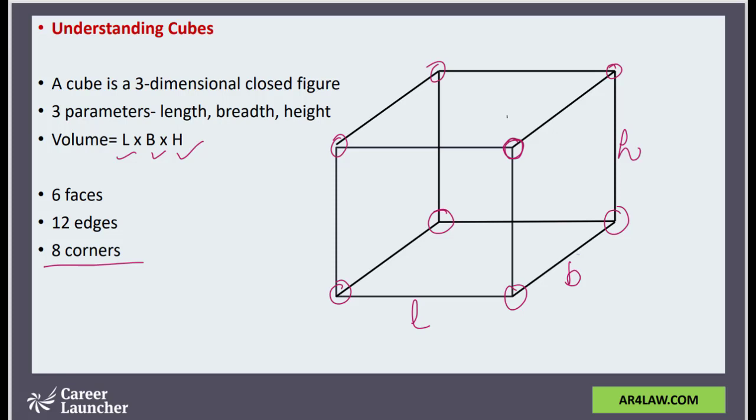Similarly, a cube has 12 edges. Edges are these: 1, 2, 3, 4, 5, 6, 7, 8, 9, 10, 11 and 12. So a cube has 12 edges and a cube has 6 faces.